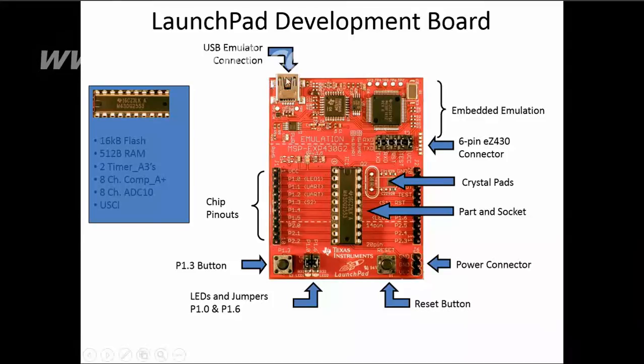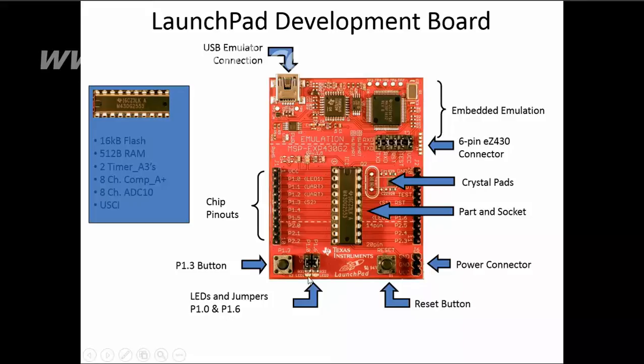So here you connect a USB port and from here to your system. And here comes the power button, that is P1.3. The power button is used to switch on or off the entire Launchpad development board.